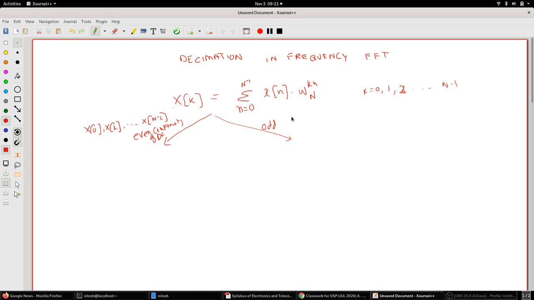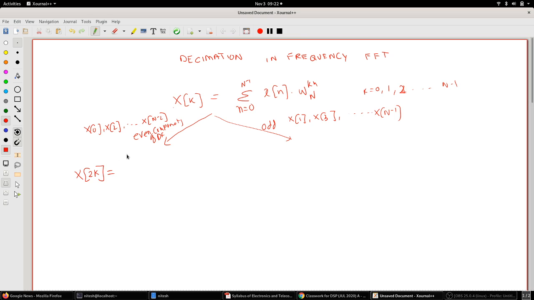This side will contain capital X of 1, 3, 5 till N minus 1. So this is how we separate it. On this side you will get all the even components, so I can write this as 2k. Let's say this is 2k.